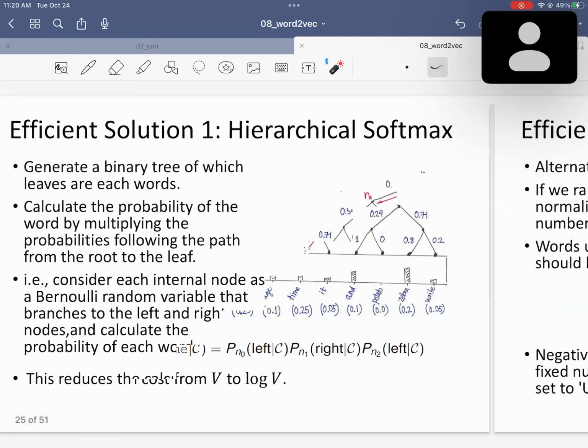GloVe is another way to learn word representation vectors. This is another word embedding algorithm. As opposed to word2vec, which is very local because you only look at one context window at a time, given this context you have 1, 2, 3, 4, 5, 6 prediction functions basically.